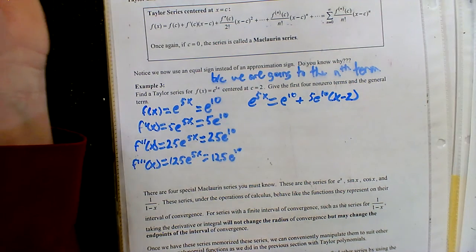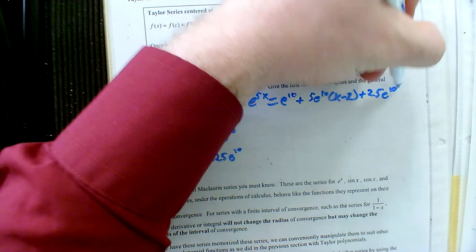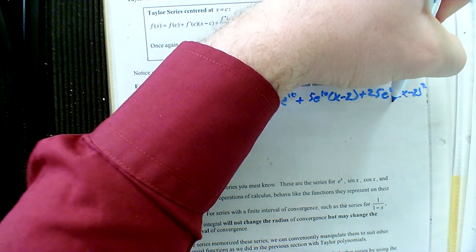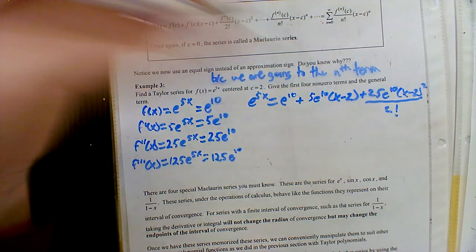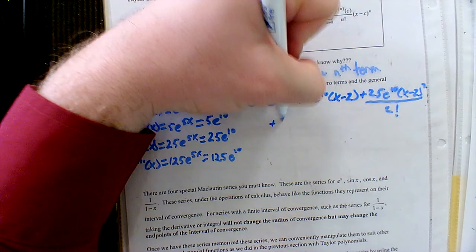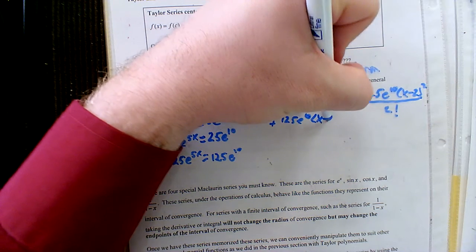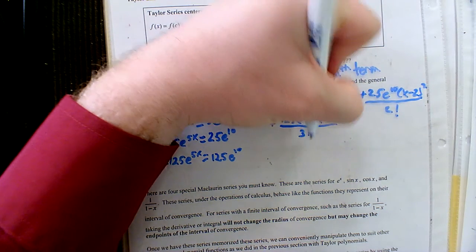Okay, so that's the first two terms. Third term, 25e to the 10th times (x minus 2) squared all over 2 factorial. That's the third term. Fourth term, 125e to the 10th times (x minus 2) cubed all over 3 factorial.